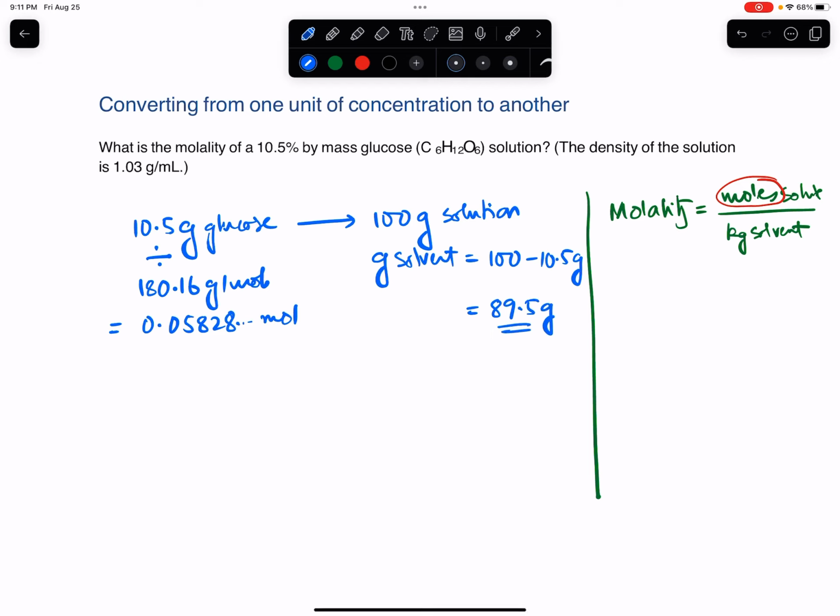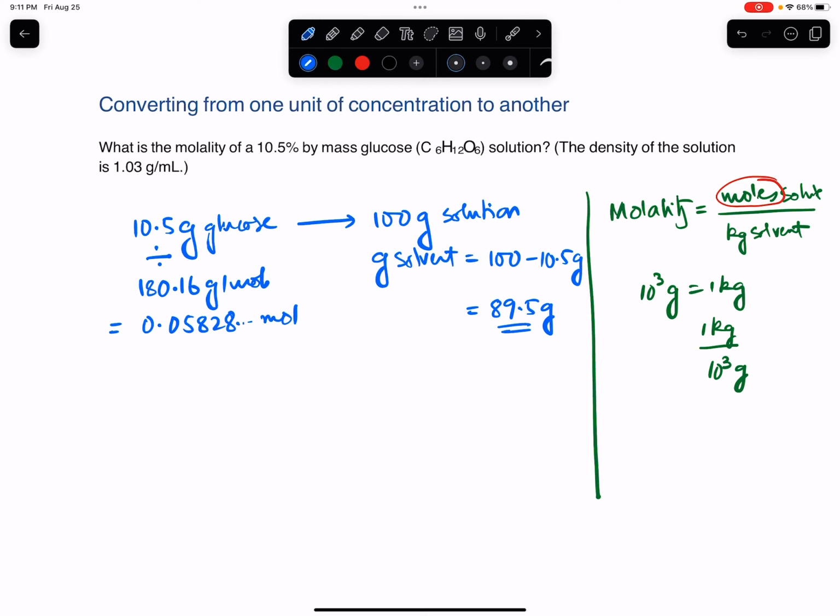Next step is to convert this gram solvent into kilograms. For that, we need to know that 10 to the power 3 grams is equal to 1 kilogram. So the conversion factor we'll use here is 1 kilogram over 10 to the power 3 grams.